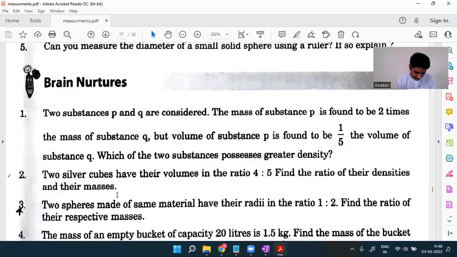Mass will also be in 4:5 ratio. Sure? A little confused, but yeah.